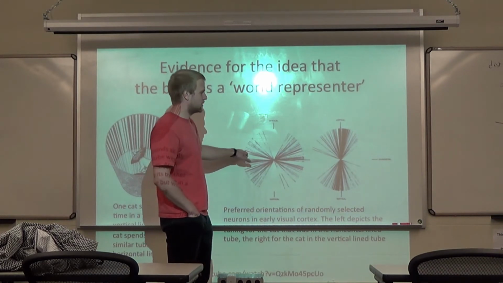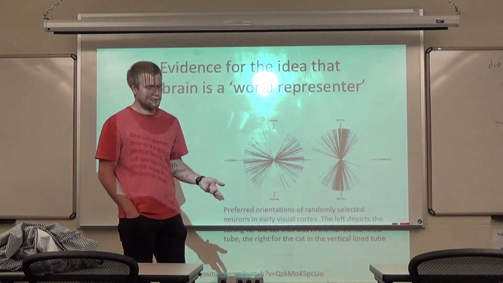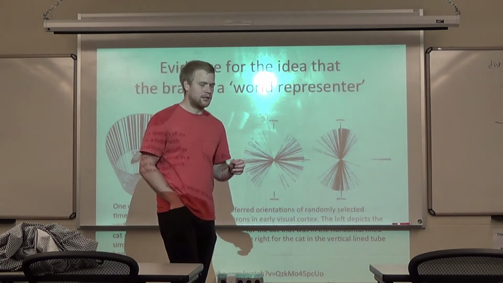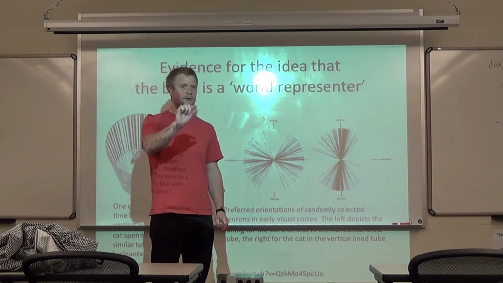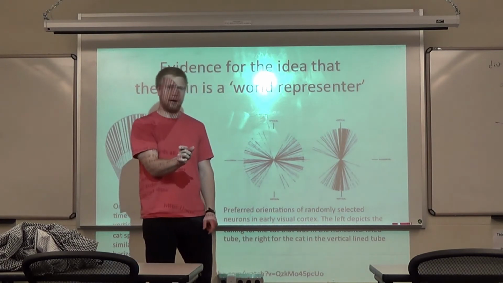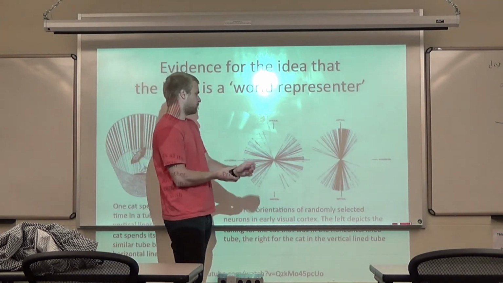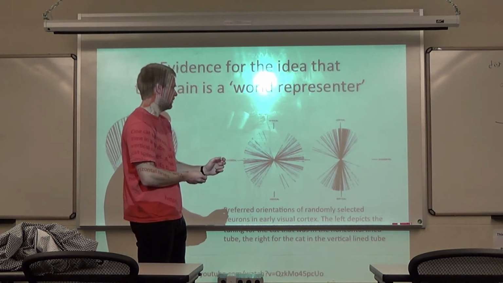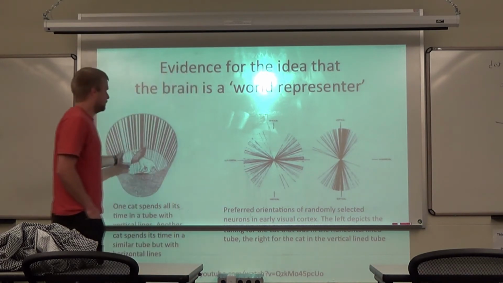So they had behavioral tests in which they took the cat that only saw vertical lines, put a bar in front of it and moved it around, and the cat wouldn't respond at all. But if they made the bar vertical and moved it around, the cat would move its head to follow it. And there were a bunch of other behavioral experiments to show that its behavior was predicted by its environment.